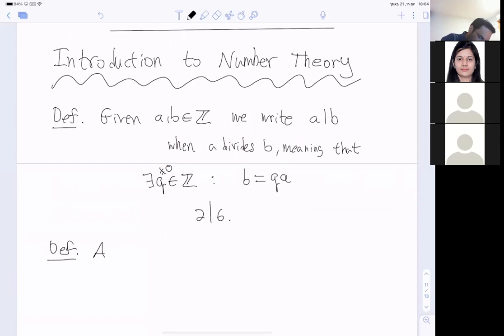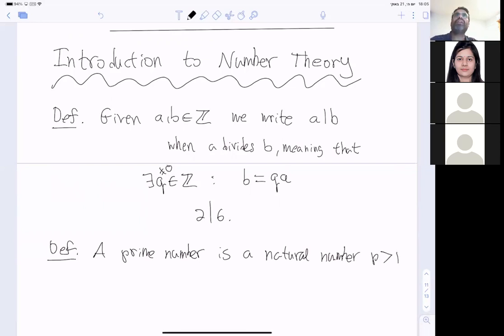A prime number is first a natural number P greater than 1. 1 is not a prime.